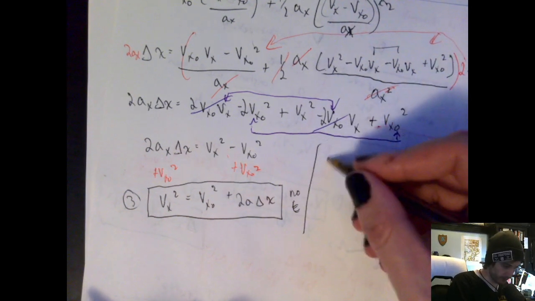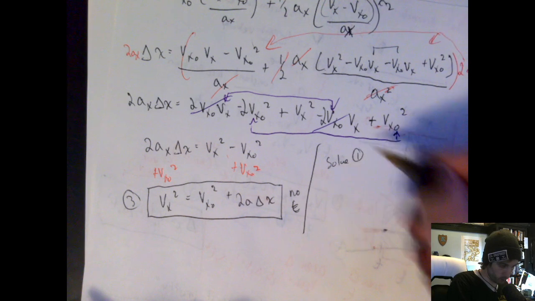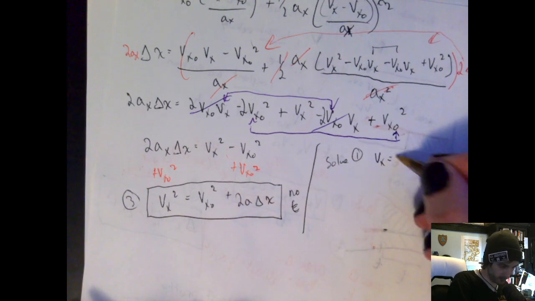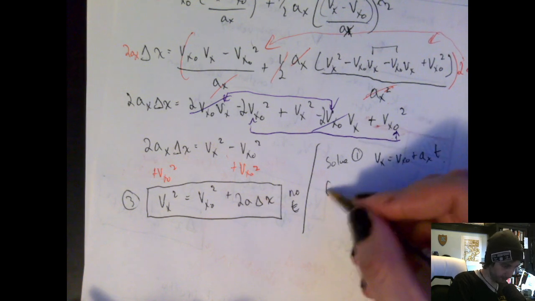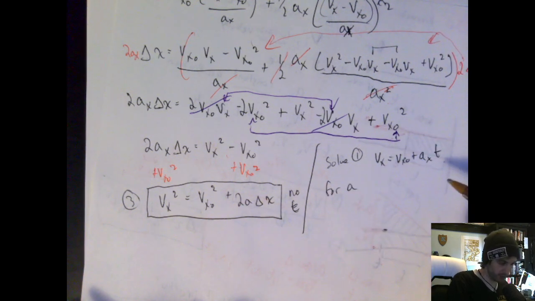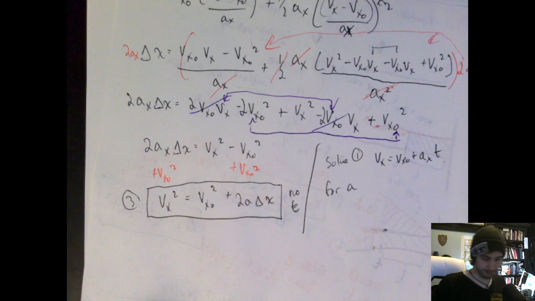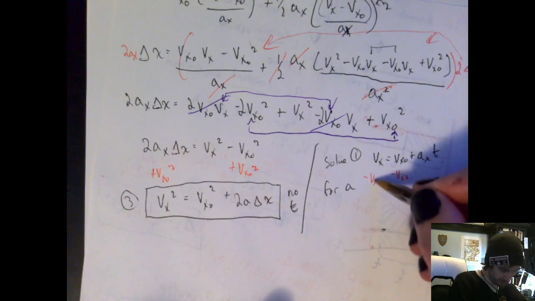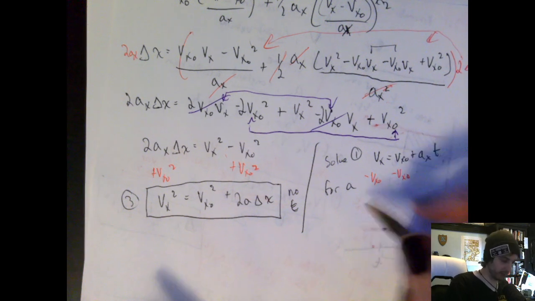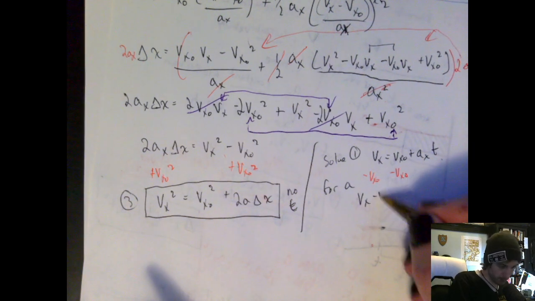So next step is to solve equation 1, which was Vx equals Vx naught plus Ax times t for the acceleration. So to do that, we need to again subtract off Vx naught. This is going to look very similar to last time we solved this one for something.